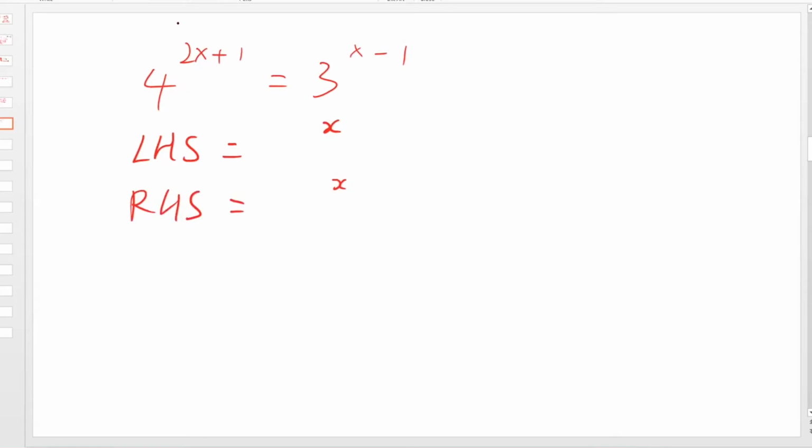If you simplify, the left hand side is 4 to the power of 2, so it's 16^x, then you times 4. That's the simplest. And the right hand side should be 3^x, then divide by 3, because it's minus 1 here. Then you equate your left hand side and your right hand side.